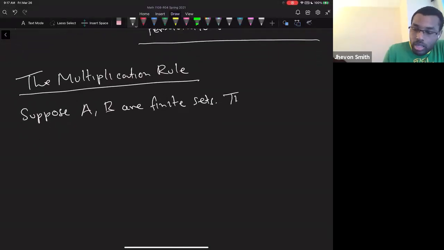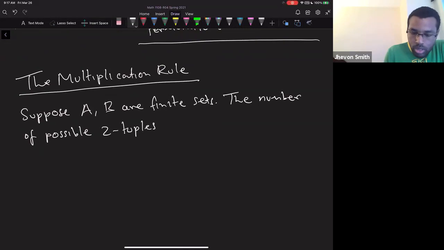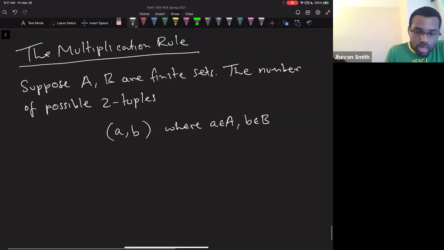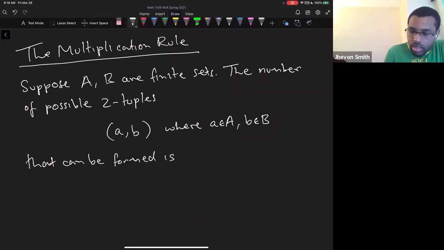Then the number of possible two tuples, that is, things that look like a coordinate (a, b), where a comes from the set A and b comes from the set B, is the size of A times the size of B.